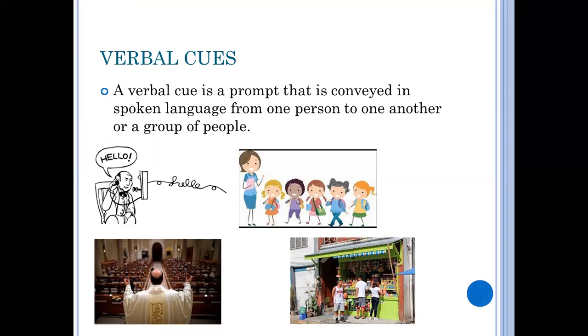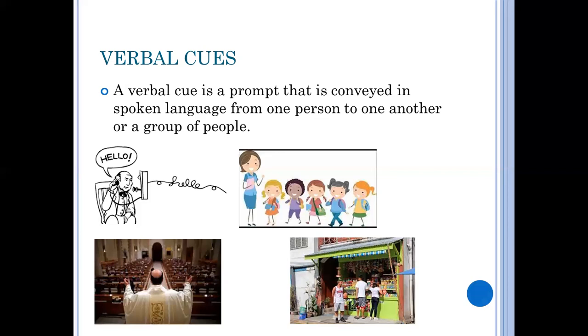If one is listening to a lecture, and for example, you're the student and you're listening to my lecture, and I might say something like, does anyone know why this happened? In this case, I want someone to respond to my question. So this is an example of a verbal cue.